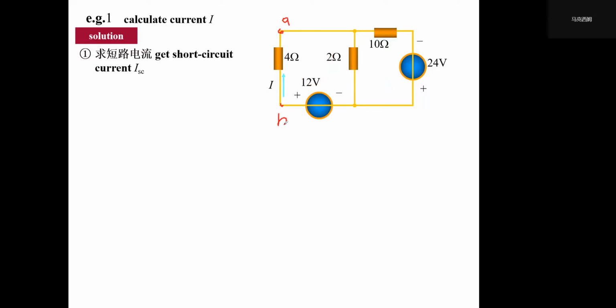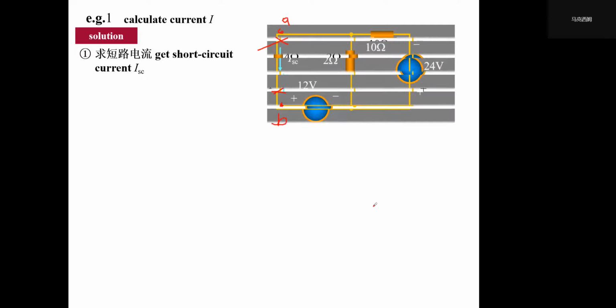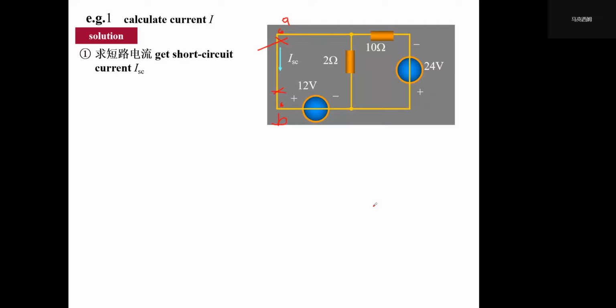We can treat the rest part of this circuit. We cut off this branch, and the rest part becomes a one-port linear network with sources. And we just calculate the short circuit current here. The short circuit current is very easy to calculate.